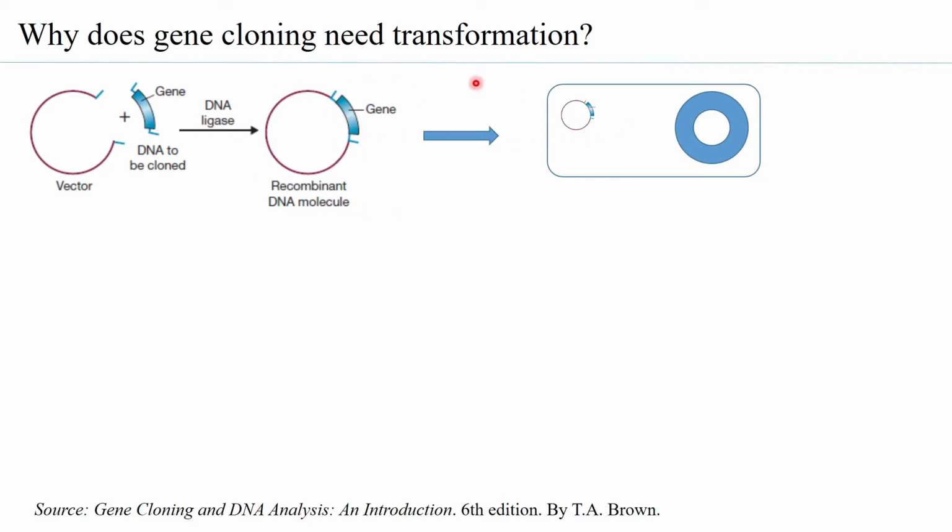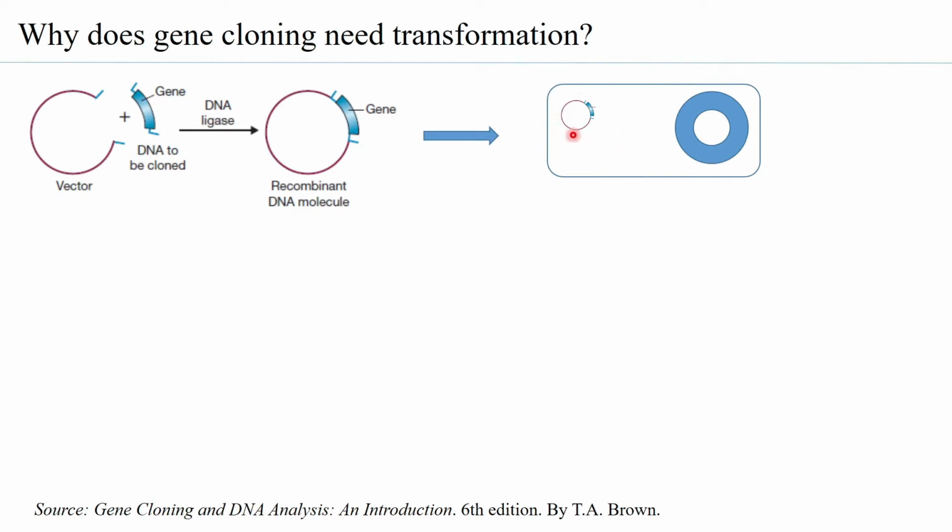So this recombinant DNA molecule, which is present in the surrounding environment of the bacteria, can be taken up by the bacteria. This phenomenon of a bacterial cell, or any cell for that matter, having the ability to take up exogenous DNA is what is termed as transformation.